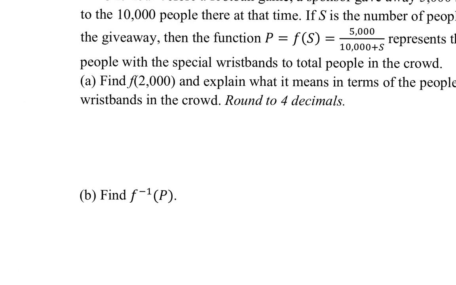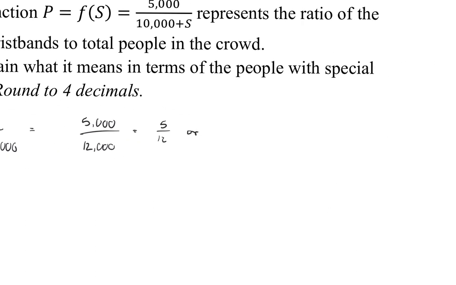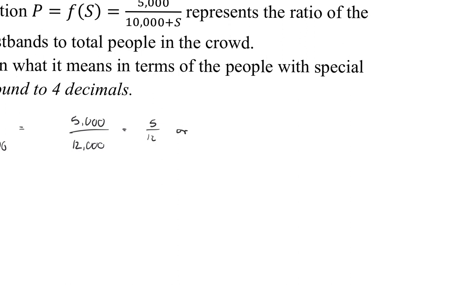So what we want to do is say f of 2,000 is going to be equal to 5,000 over 10,000 plus 2,000, which is the same as 5,000 over 12,000, which is the same as 5 over 12, or approximately 0.4167.